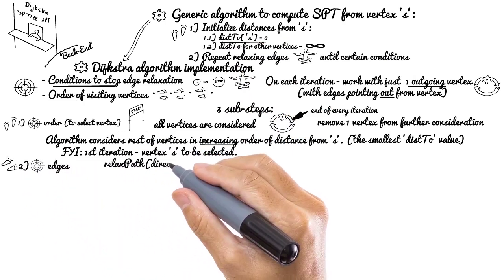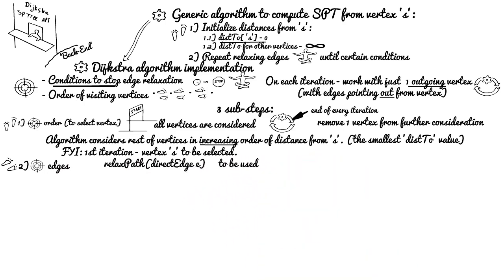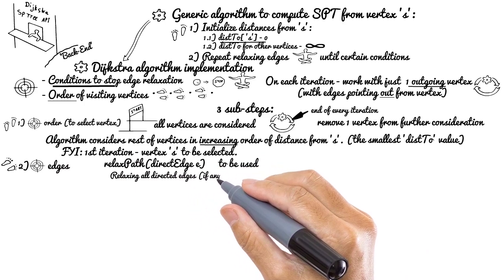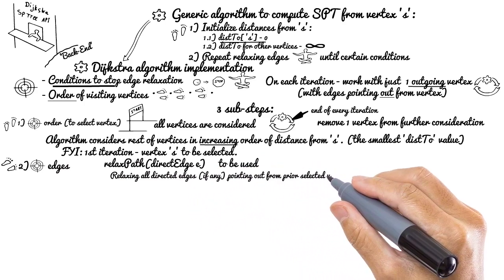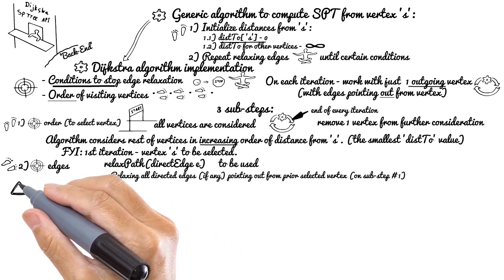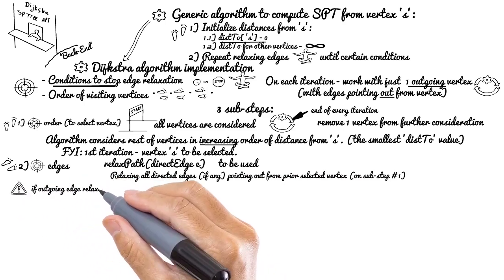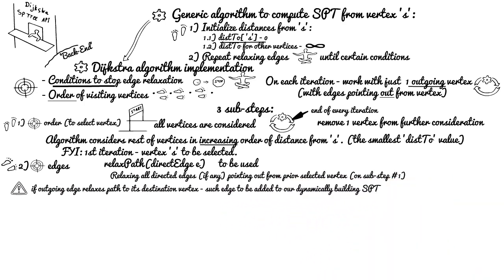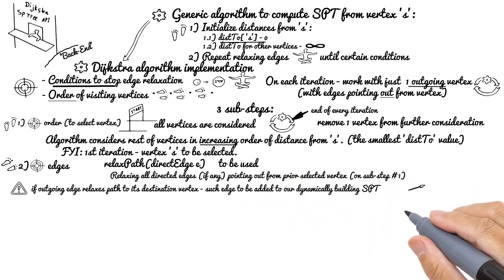Second step focuses on edges. A supportive edge relaxation function is used on this second step. Dijkstra algorithm relaxes paths using all directed edges, if any, pointing out from the previously selected vertex. If an outgoing edge relaxes the path to its destination vertex, then such an edge should be added to our dynamically building SPT.